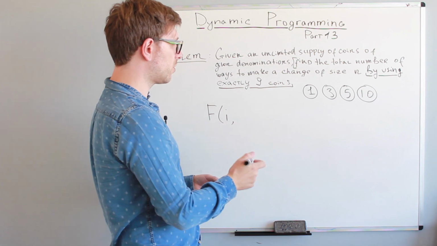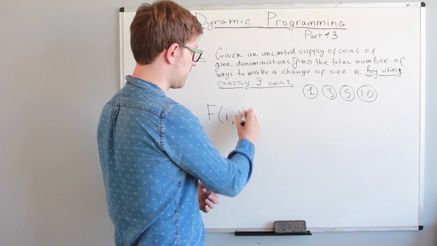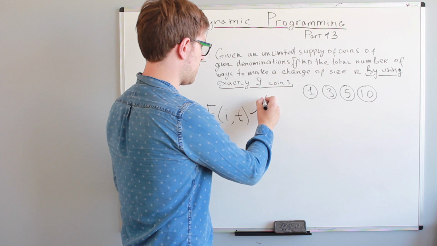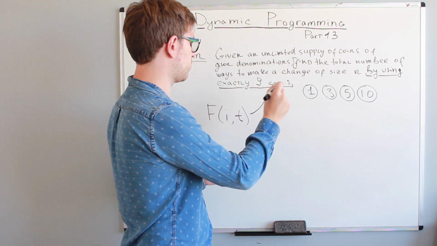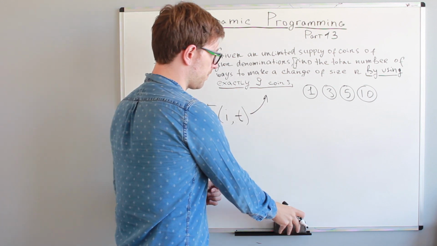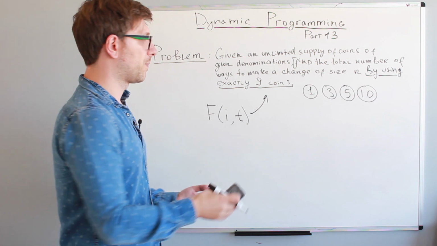As a more general way, we can say by using exactly t coins. And this would be our objective function. F of I, t is the total number of ways to make a change of size I by using exactly t coins. Okay, great. As you can see, this is a two-dimensional problem now.